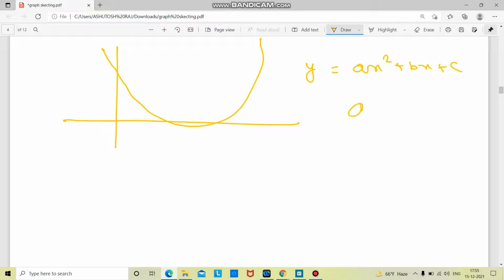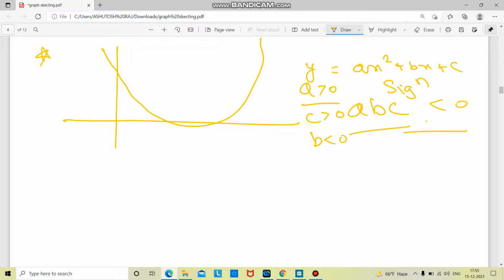Now we have to comment upon the sign of a into b into c. We have seen that a is greater than 0 for this case, c is greater than 0 and b is less than 0. So a into b into c is less than 0.